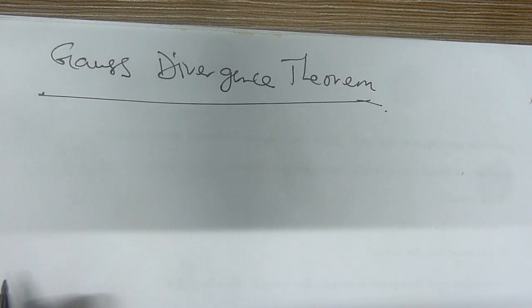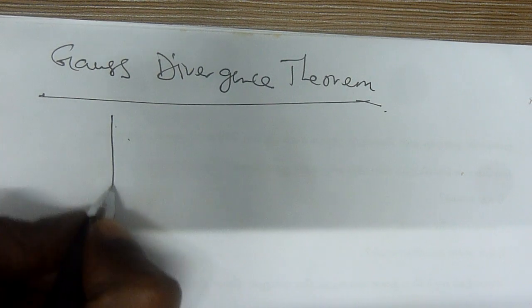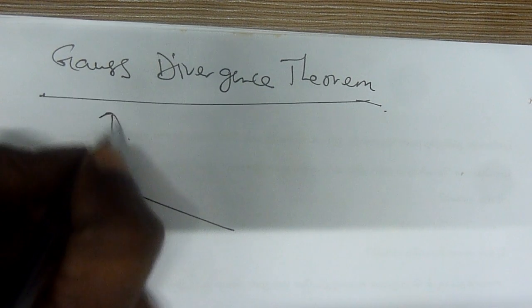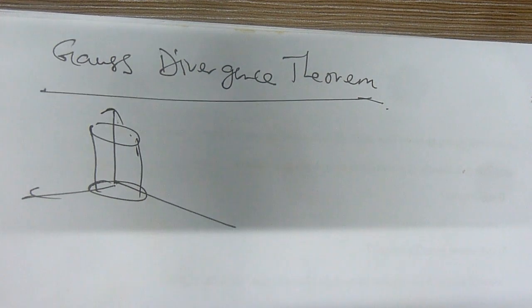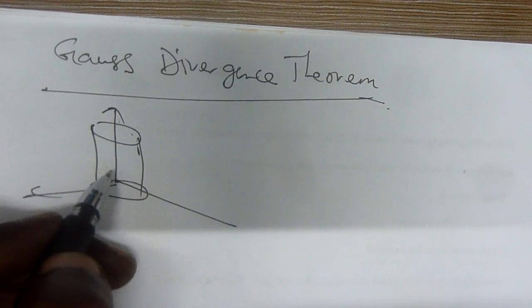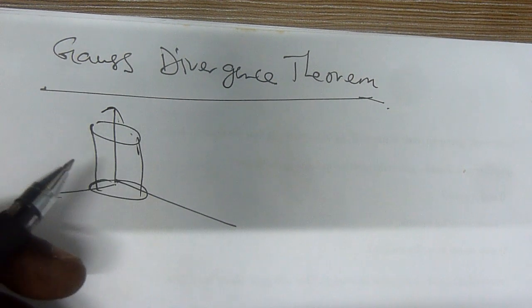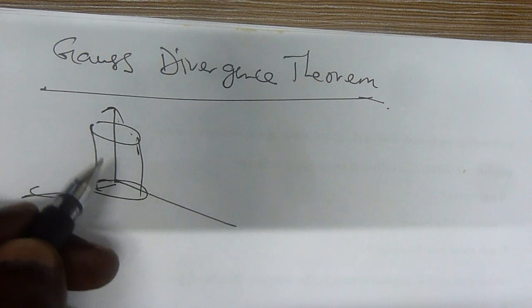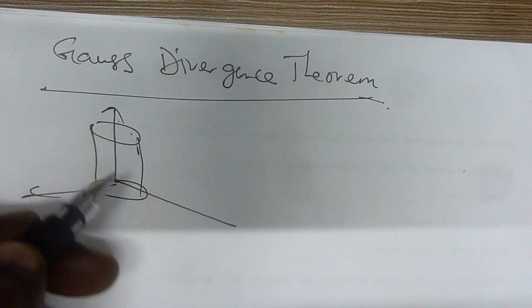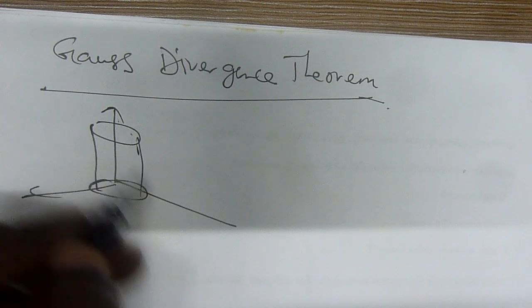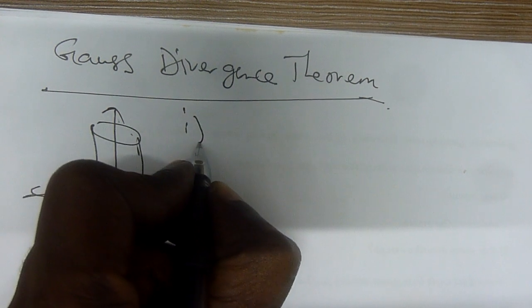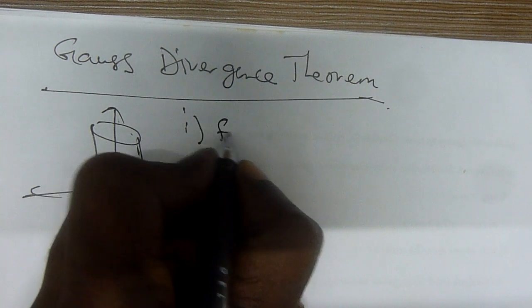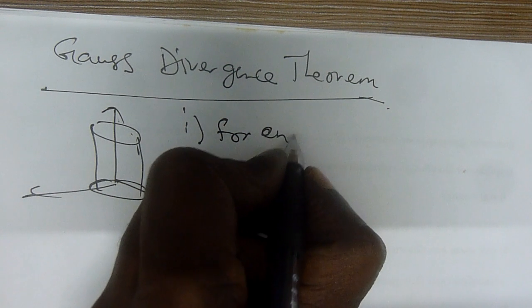It can be proved. There is a proof for this, and I'll just sketch one based on the cylindrical. It can be spherical, it can be cubic, whatever, it can be tetra, or spherical, or cylindrical, no problem, as long as it is completely closed. The first term that I'm going to introduce to you is enclosed.